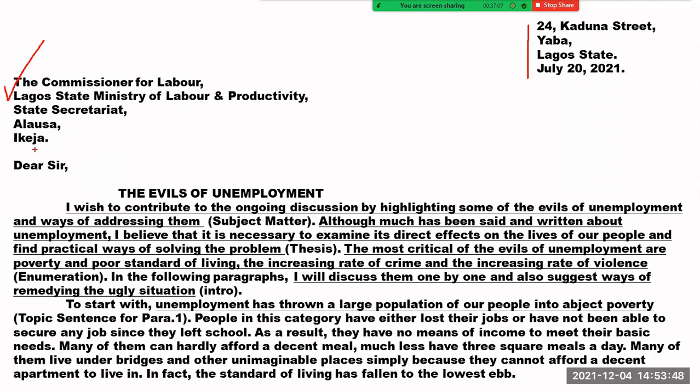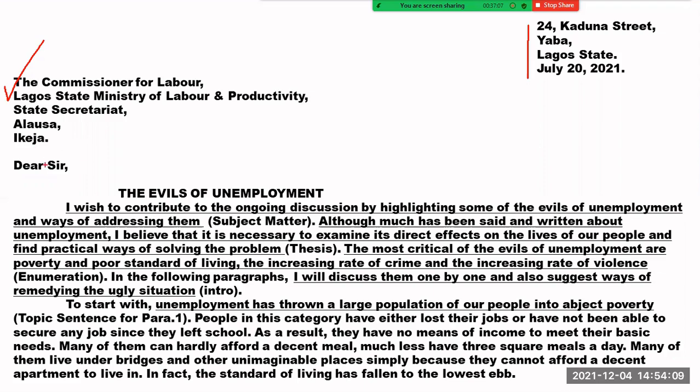All right, so if you don't know the address, you can invent the address. Just note that the commissioners and top government officials are expected to be in the capital, and that is the seat of government, Alausa, Ikeja, all right?